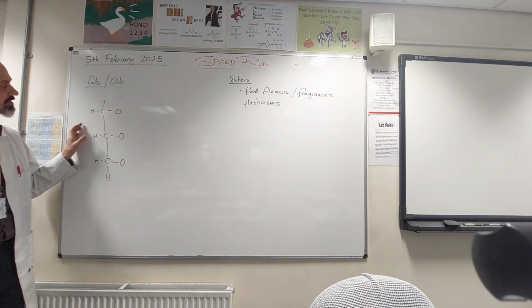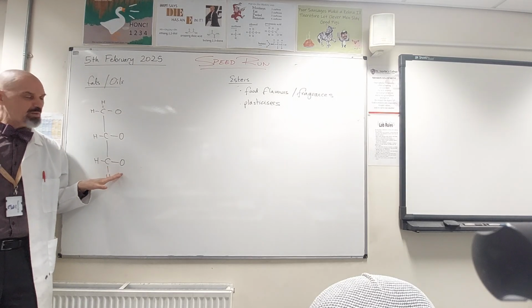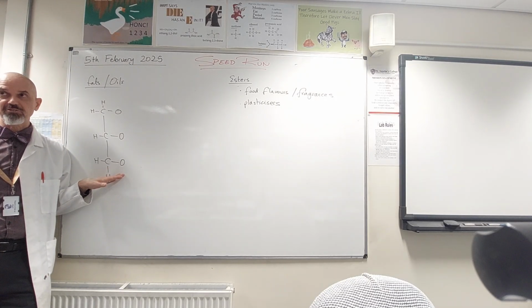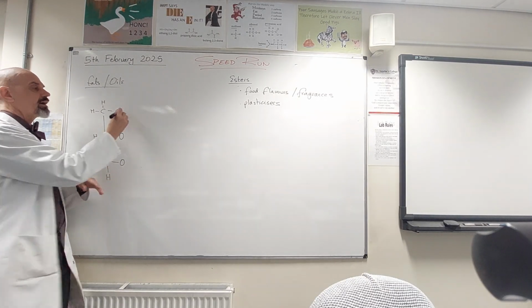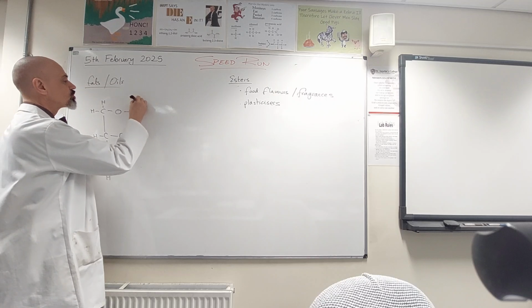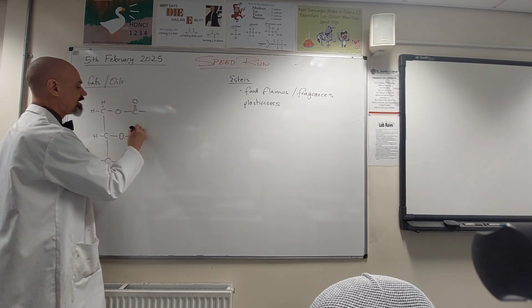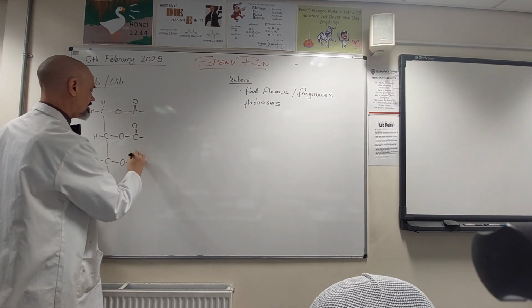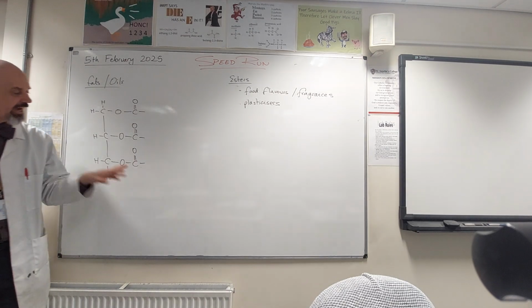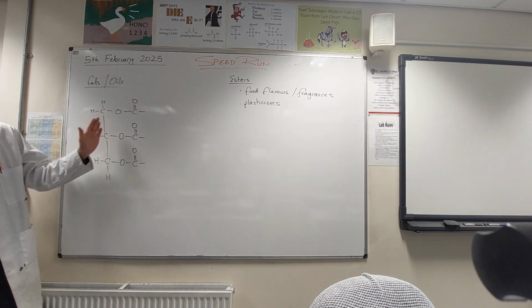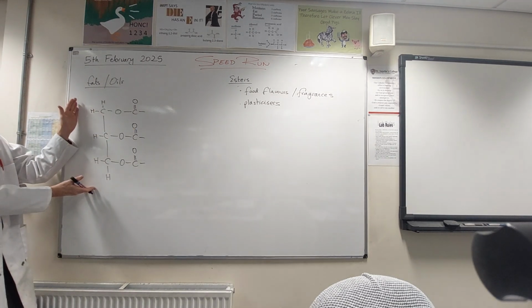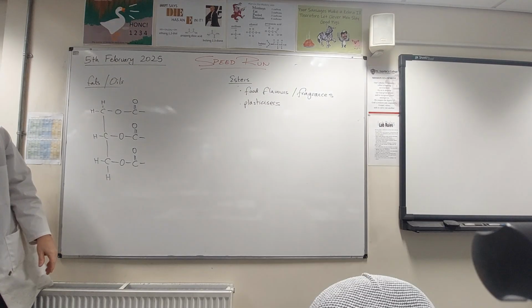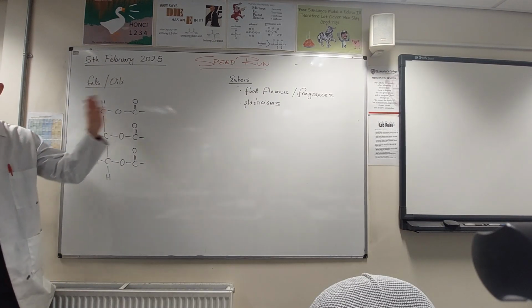But fats and oils all have this same backbone, which comes from the molecule glycerol, and then they form a triester at each of the three oxygens there. So we've got the alcohol bit on this side and the acid bit on that side now. And then usually a long carbon chain.